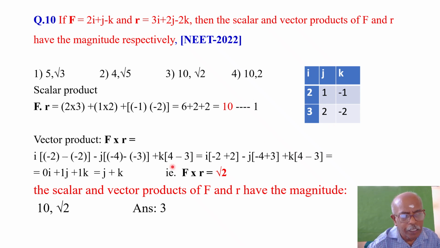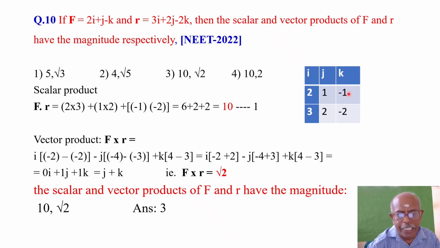So the vector product of F and r is equal to i into (1 into minus 2 minus 2 into minus 1). So i into minus 2 minus minus 2, it will give only 0. Okay, let it be. Then minus j into (2 into minus 2, minus 4, minus minus 1 into 3, minus 3).